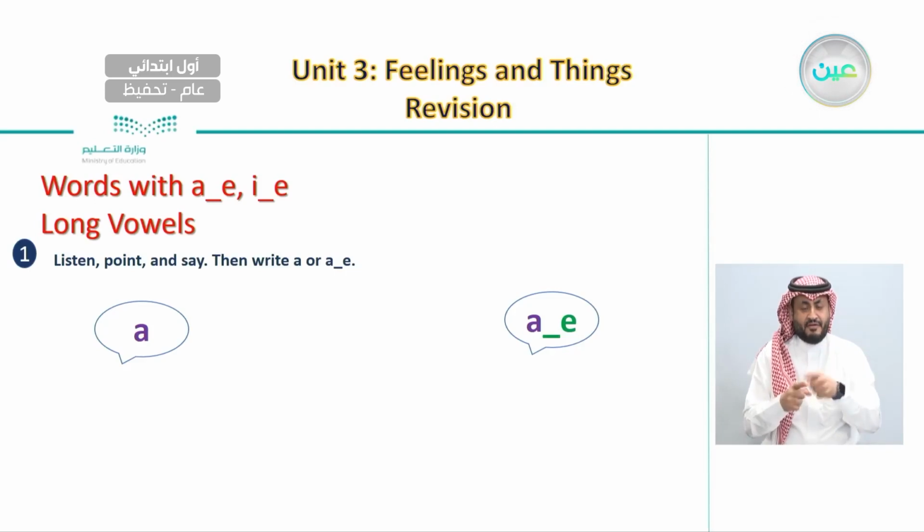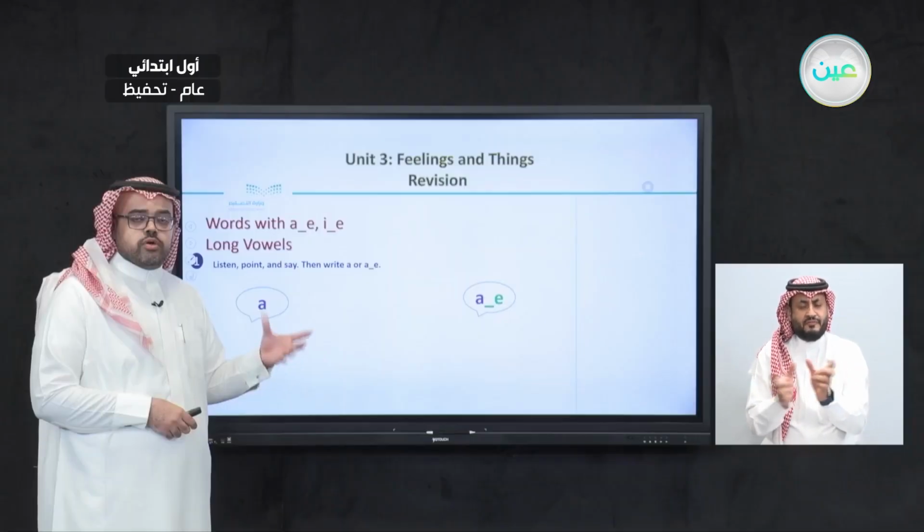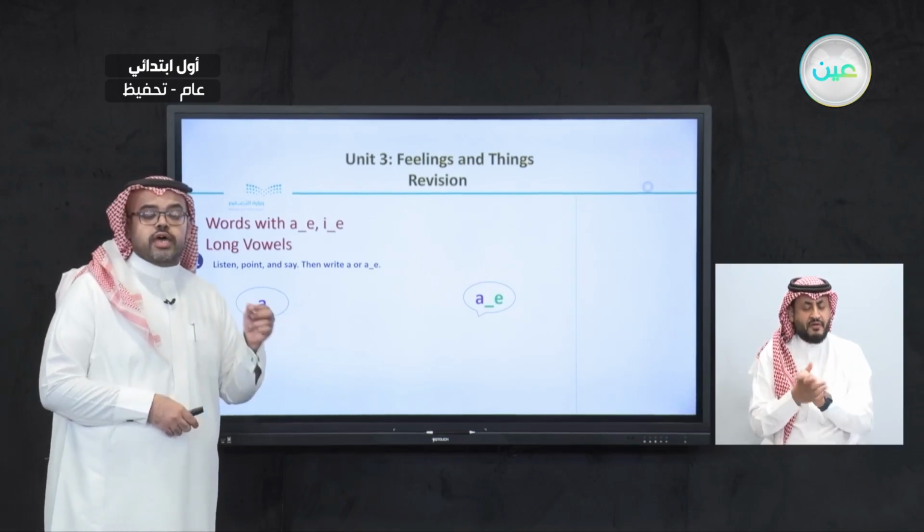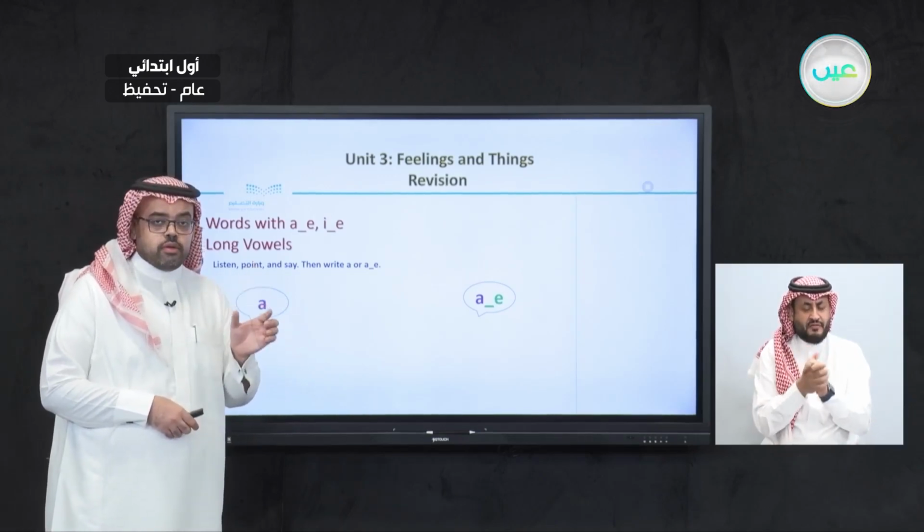Quick revision of our last lesson. In our last lesson, we learned how to pronounce words with long vowels. And we said that the first two letters we start with are A and E. And we said that when we have a word that has only the sound A, we pronounce it as a short vowel.